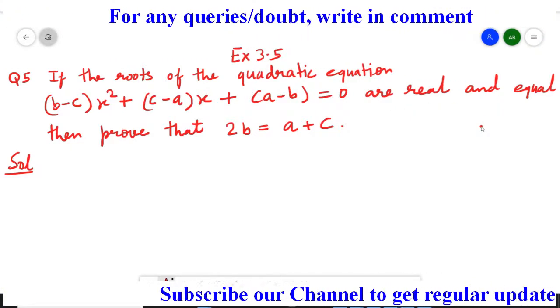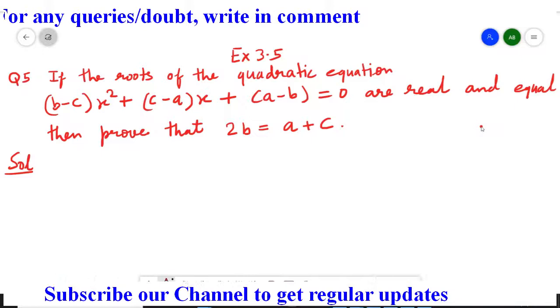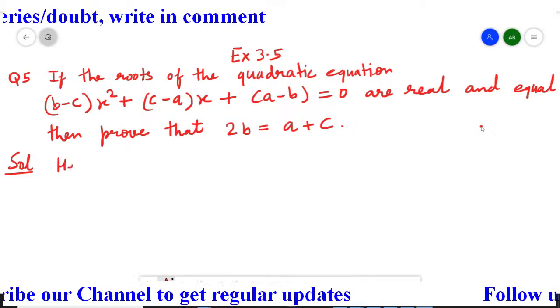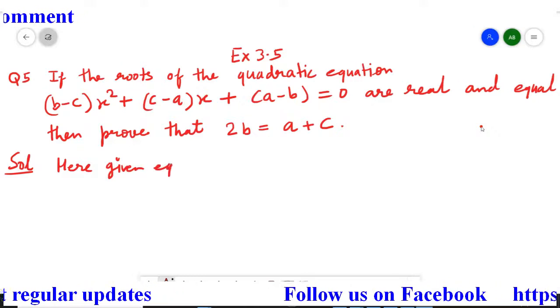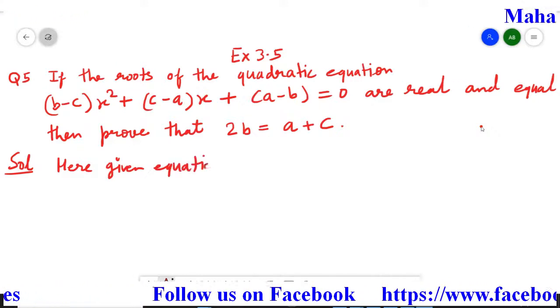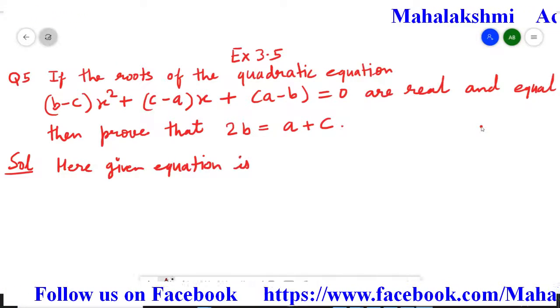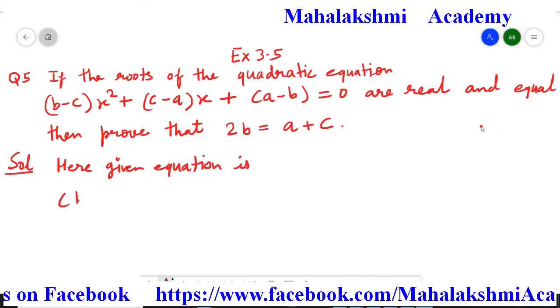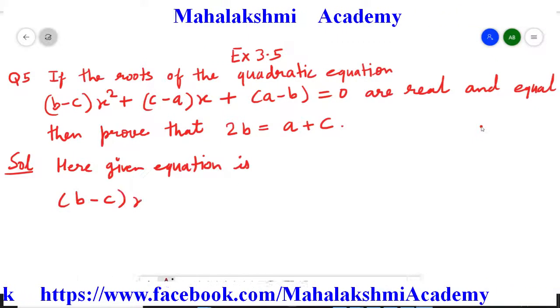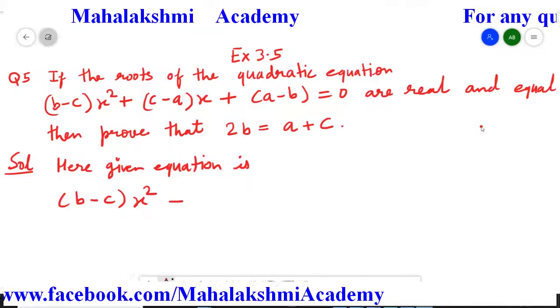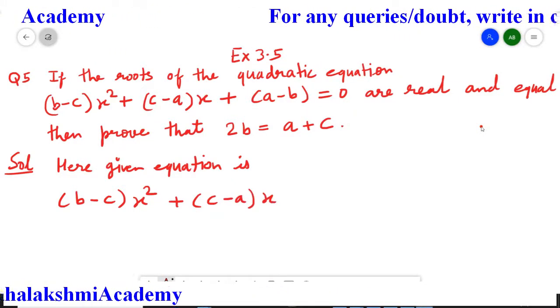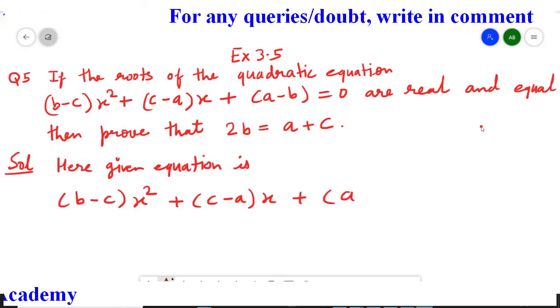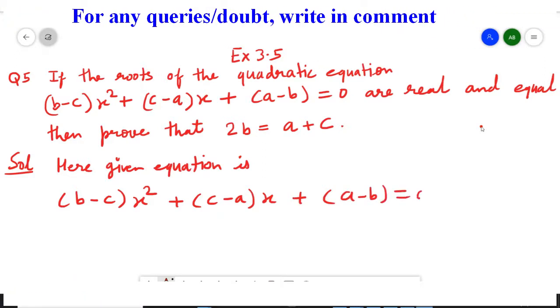So we'll start like this. First we'll write down the given equation. The given equation is (b minus c)x square plus (c minus a)x plus (a minus b) equal to 0.